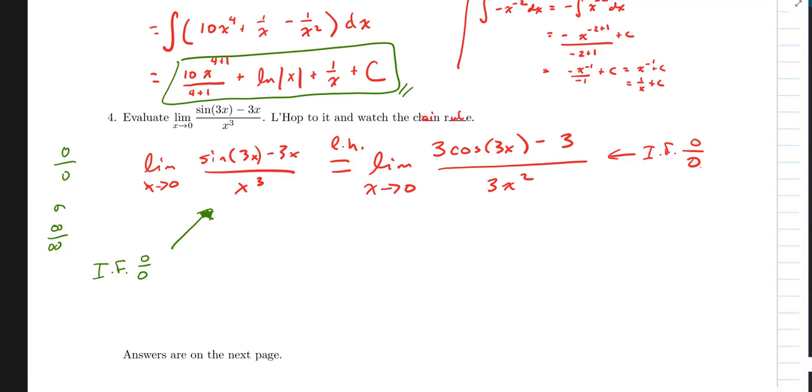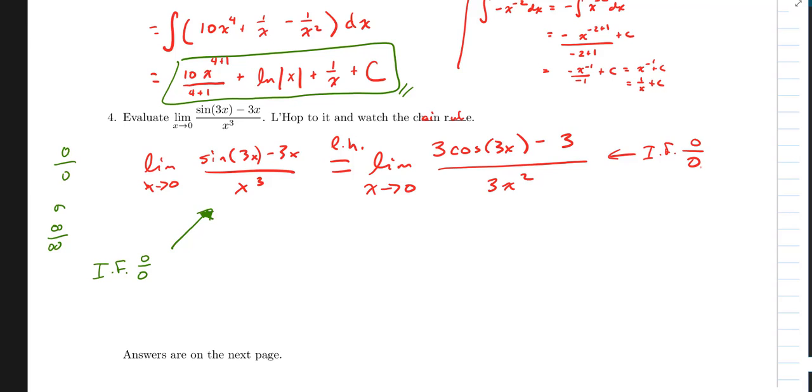Because if you're applying L'Hopital's rule and it's not making your life any easier, then you should stop, or you should try to apply it some other way. But in this case, I think we made our life a little easier, because the degree of the denominator got smaller and the numerator didn't get any more complicated.